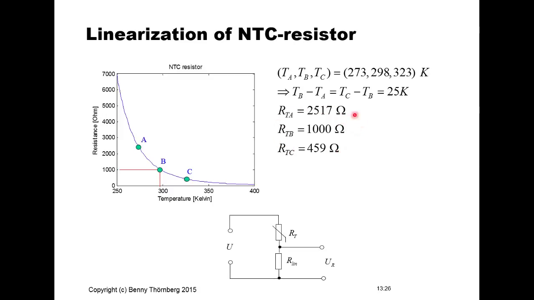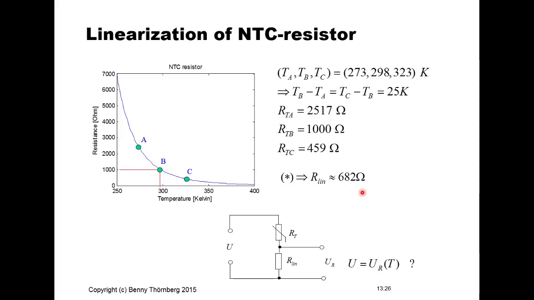And I have shown that the spacing between TB-TA and TC-TB are equal to 25 Kelvin. And I was able to use the equation from the previous slide and compute the linearization resistance to be optimal at 682 ohms.